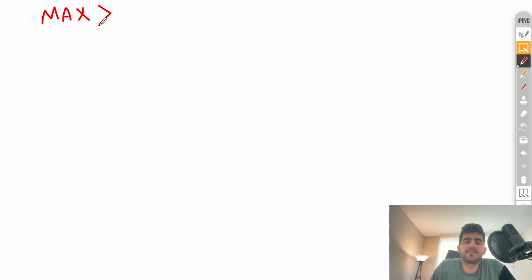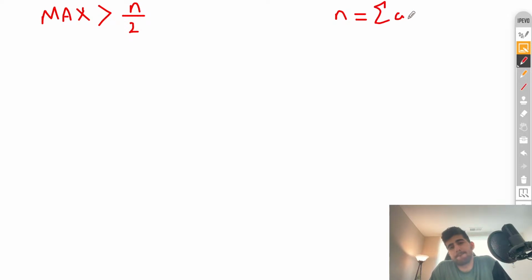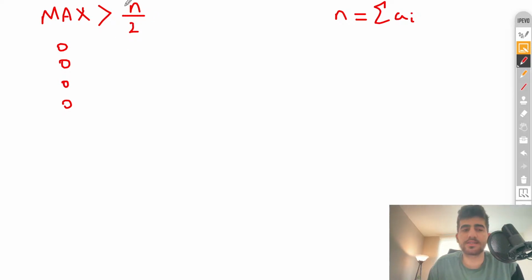If max is greater than n divided by 2, n is the total number of balls, n is equal to sigma of Ai, then obviously all of them should be in different groups. And the rest of them, because they are less than max, the rest of them is n minus max, which is less than n half.